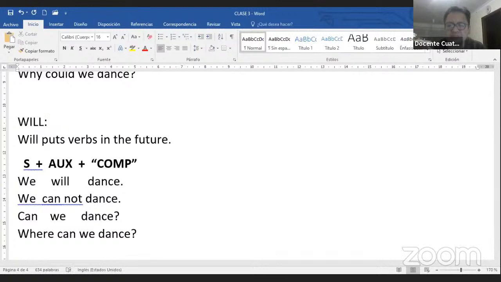Now, here's a question. What's the word in Spanish for will? For can, we use poder. With could, we use podía, podría. And with will, what do? What's the word in Spanish? Any ideas?